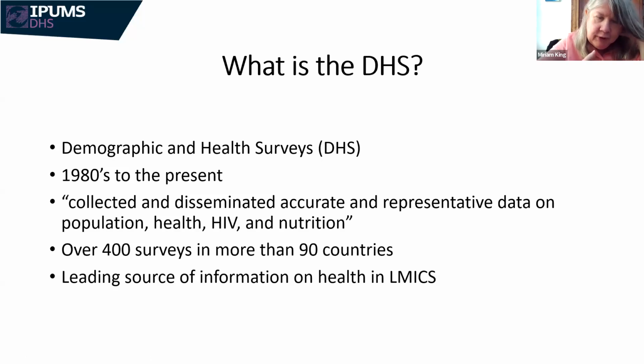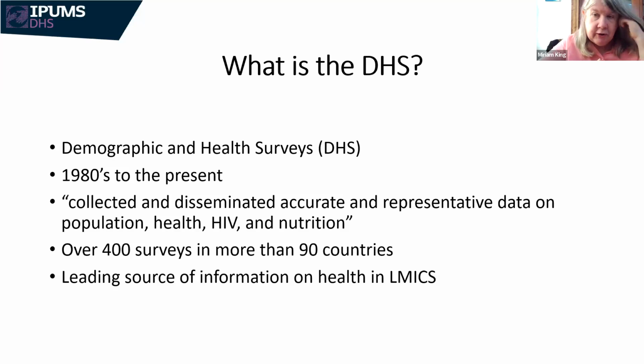For those of you new to the DHS, the word health actually has many, many aspects covered by the DHS, such as domestic violence, child vaccinations, acute childhood illness, prenatal and postnatal care, health behaviors like smoking and alcohol consumption, access to health care, chronic diseases, fistula, just dozens and dozens of topics.